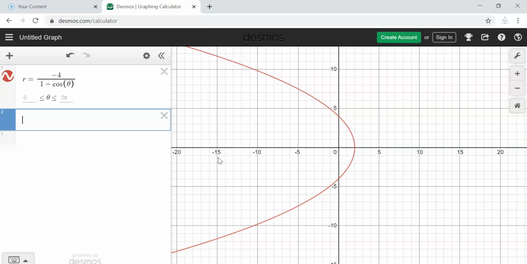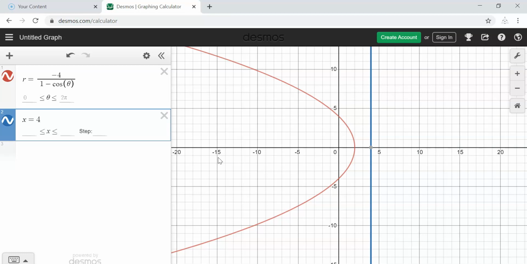That means the directrix has the equation x equals 4. So from the pole to the directrix is a distance of 4 or -4, depending on which way you're going. You technically should always go from the directrix to the pole, so that's why we get that -4 there. That's what's going on.